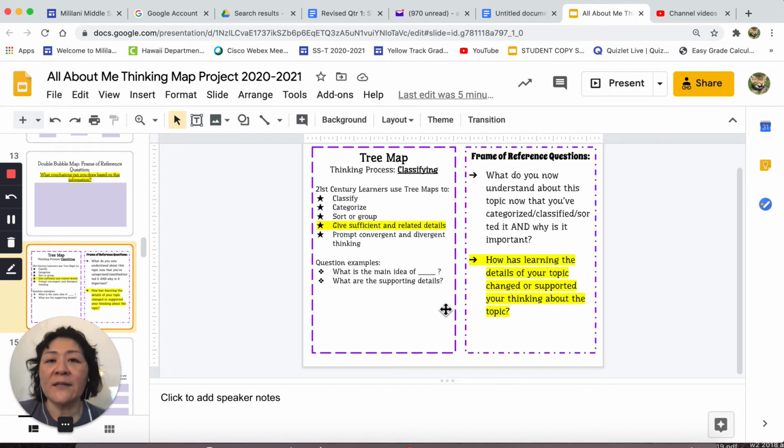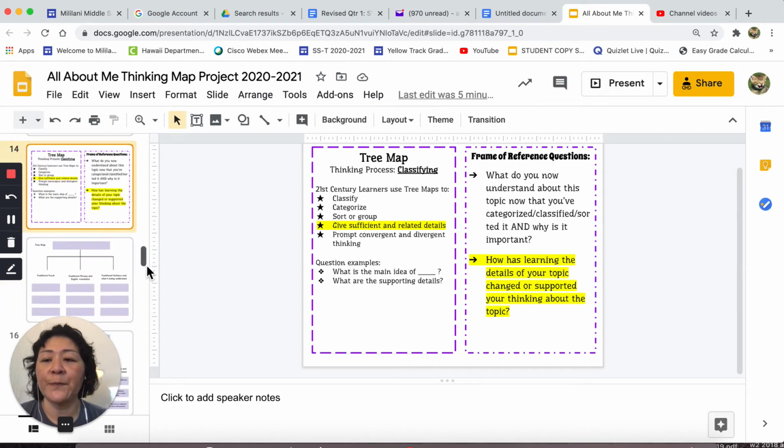And then why is that important? A second question is, how has learning the details of your topic changed or supported your thinking about the topic? And as you can see from this slide, the second question is highlighted, and that's the one we will be focusing on for our thinking map for this project.